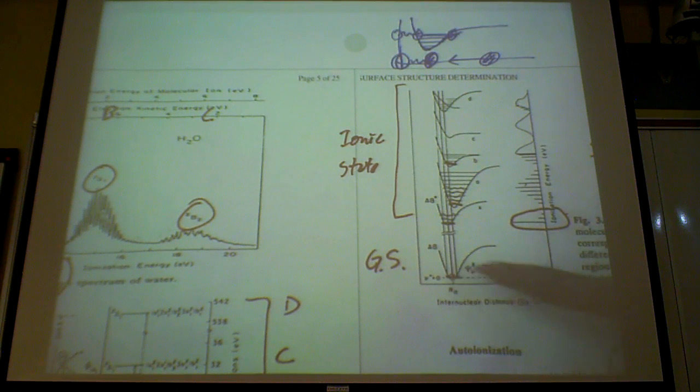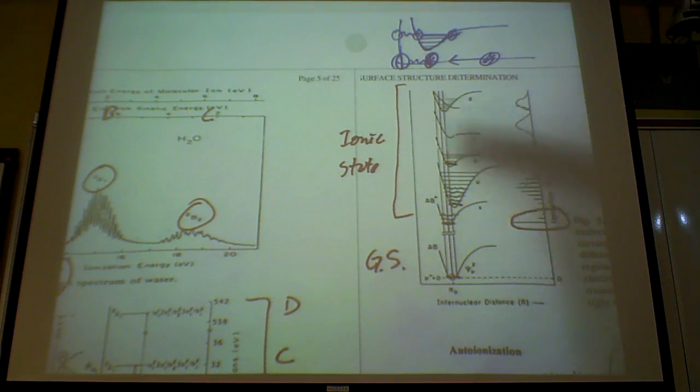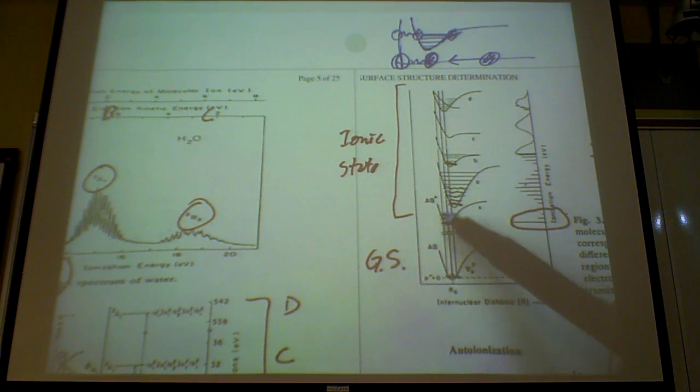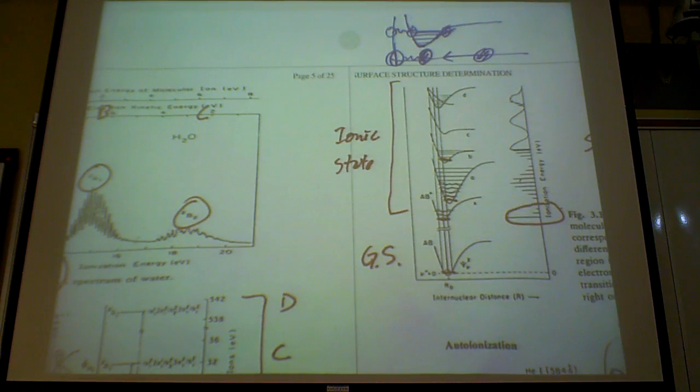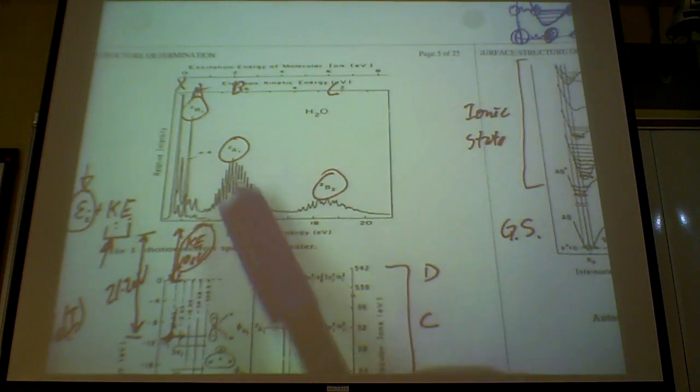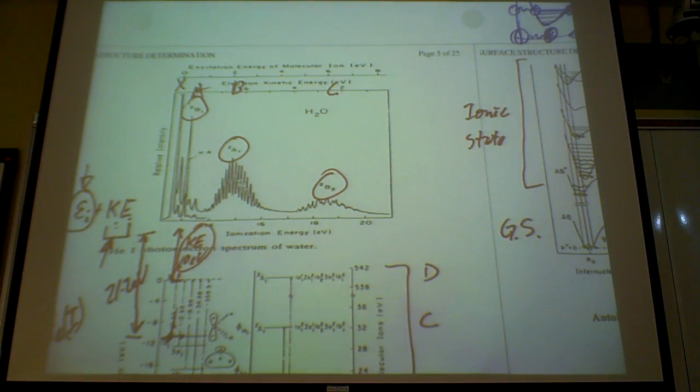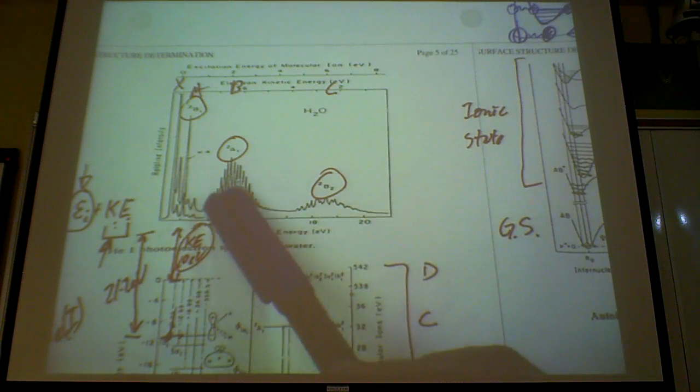So when you make the transition from the ground vibrational state, ground electronic state, from here up, a vertical transition corresponding to absorption of a photon, you will excite your system to each of these states when it crosses. So you get all these lines excited. And that's why you can see these little peaks. They correspond to the vibration of the ion itself, the ion's potential energy curve.